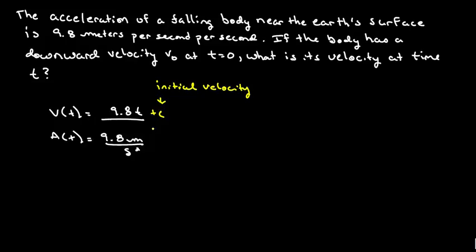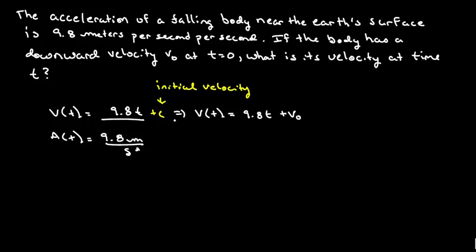Okay, so I'm just going to rewrite this as velocity as a function of time is equal to 9.8 t plus v sub naught, where this is the initial velocity. So when they ask what is the velocity at time t, well, this is our velocity.